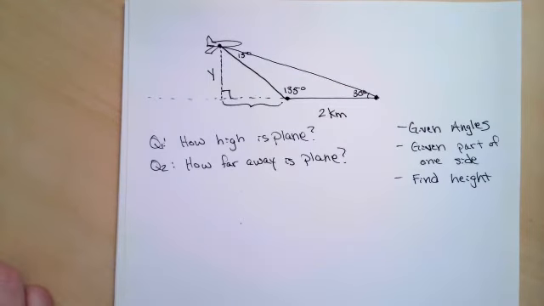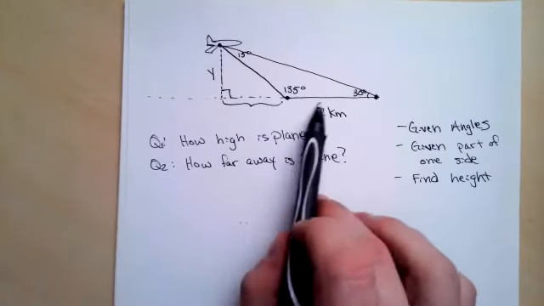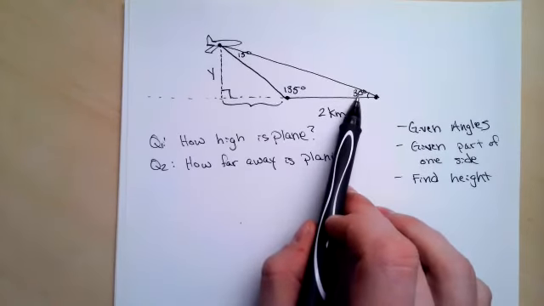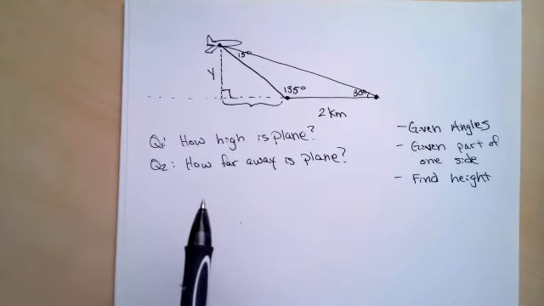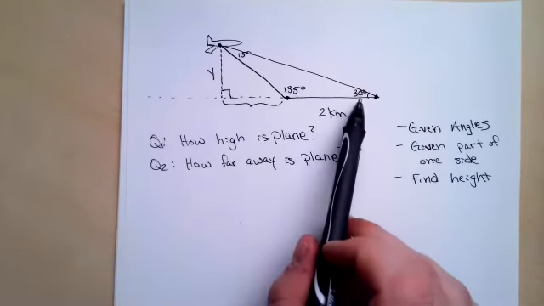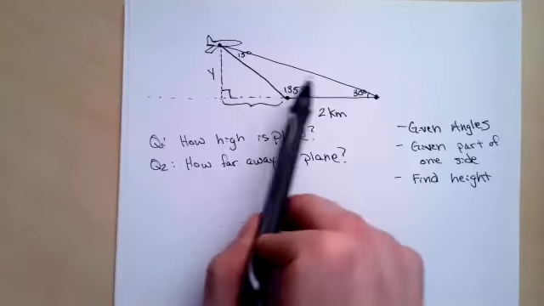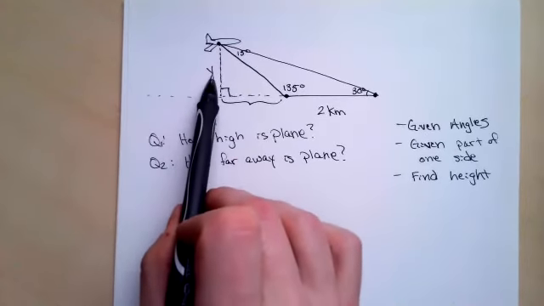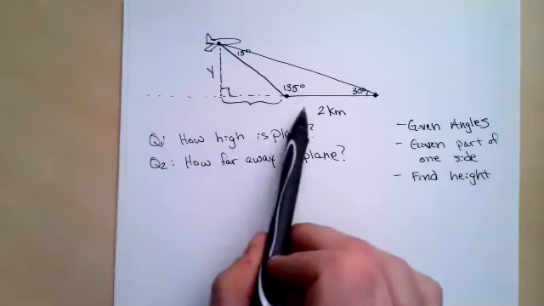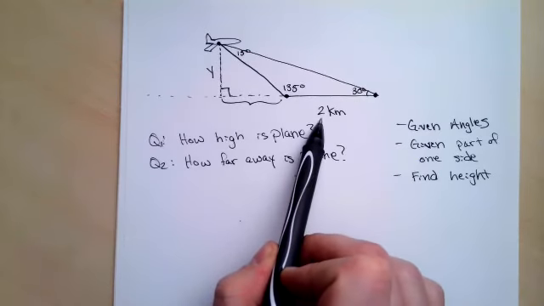And if you get stuck in a problem like this, sometimes it helps to maybe go backwards a little bit. Well, I'm given part of this side length, and I have this angle here. It's a 30-degree angle. We like 30-degree angles. It's one of our reference triangles. Well, relative to this 30 degrees, I want to find the opposite side, and I'm given at least some information about the adjacent side.